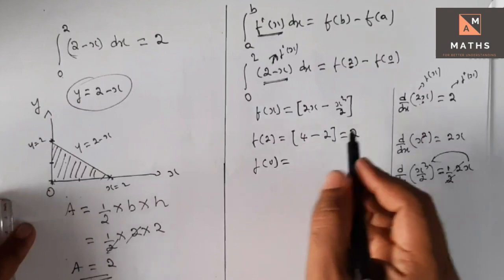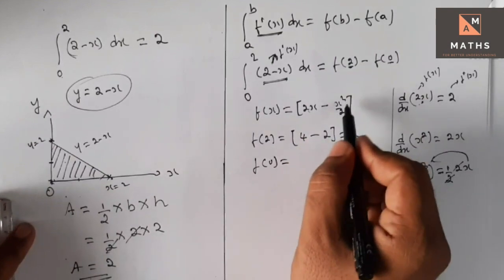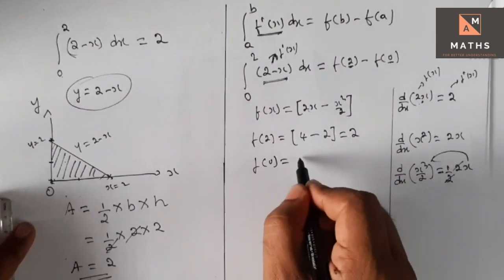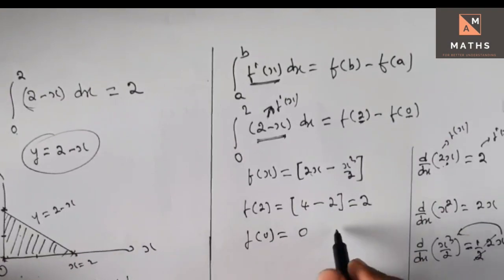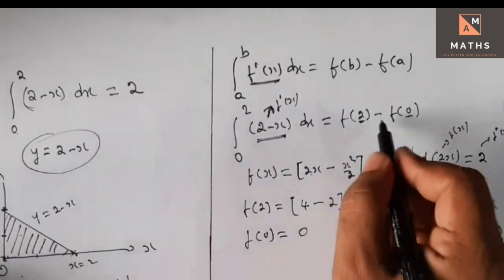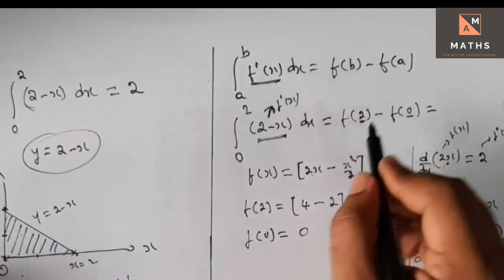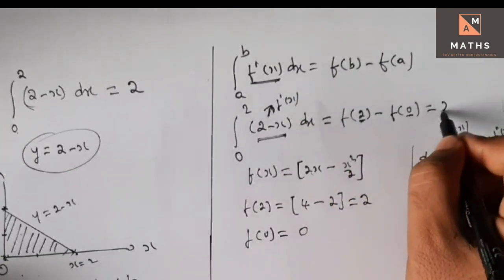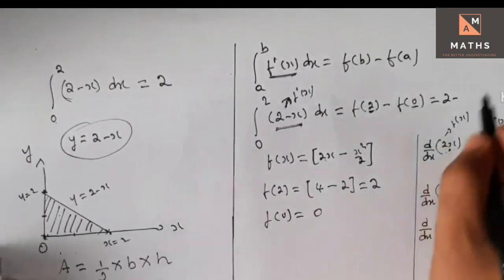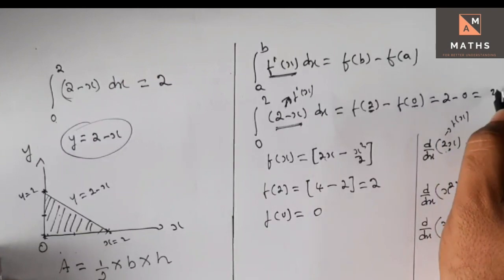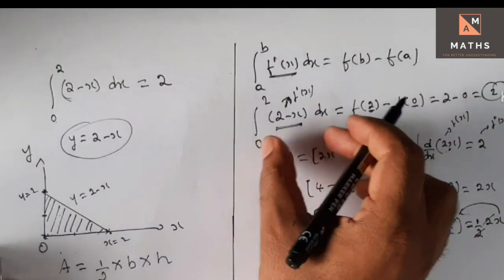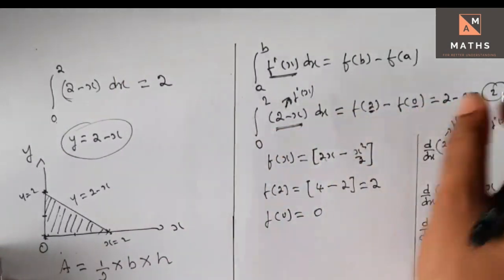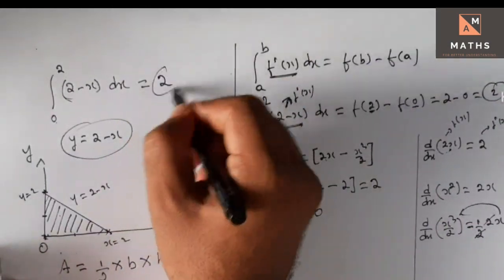F of 0 is nothing but, in place of x you replace 0, 0 minus 0 becomes 0. F of 0 value is 0. So substitute these values here. So what will we get? F of 2 value is 2 minus f of 0 value is 0. So 2 minus 0 is 2. See here the value of this integral we got 2. Here also, see, with the direct method we got the same answer.